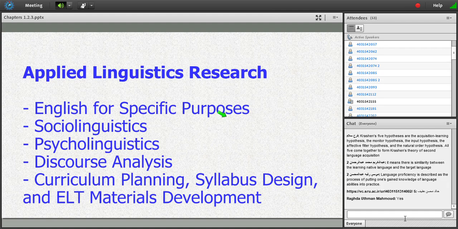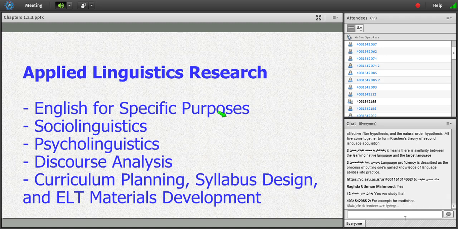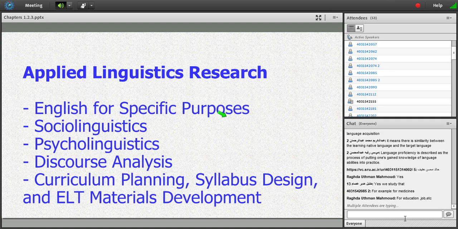What is it? Good. So can you tell me some topics that can be the topic of research for ESP? Great. English for the students of medicine, for education, for job.